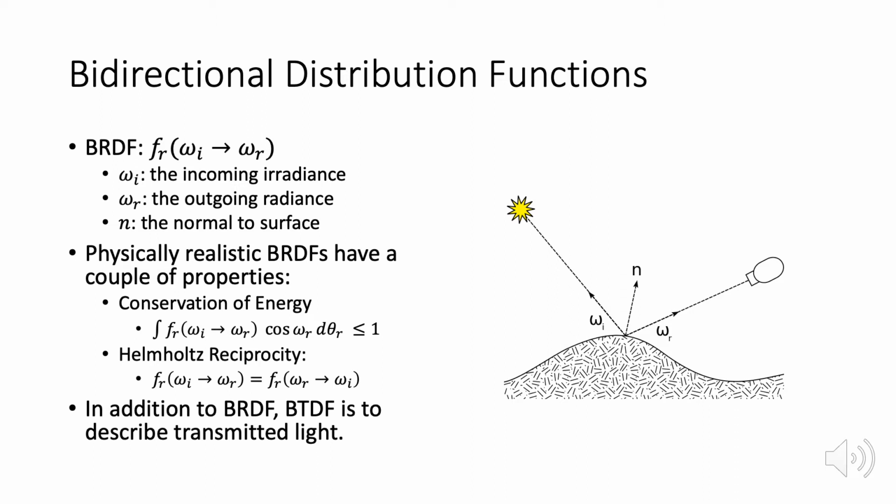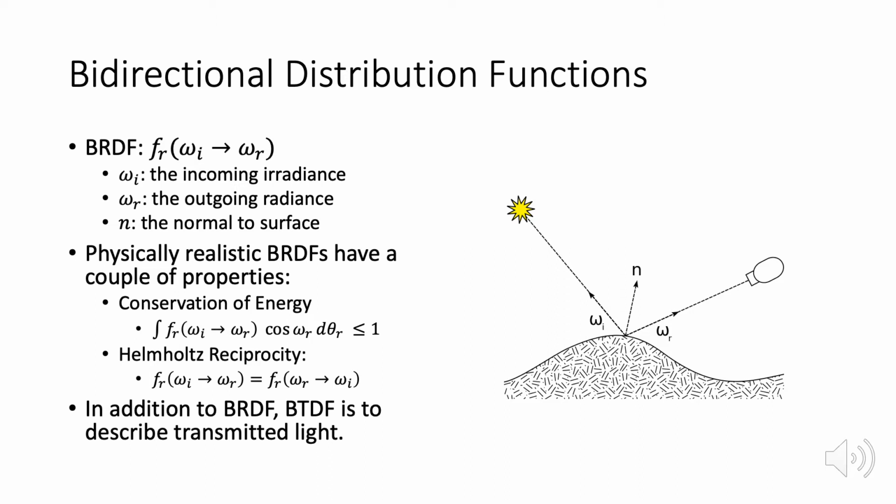For now, you may not know about radiance and irradiance, but conceptually, here we can simply take radiance and irradiance as the amount of the leaving or incoming light energy.